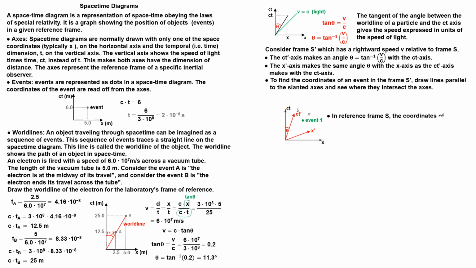In reference frame S, the coordinates of event 1 are x1, ct1. In reference frame S', the coordinates of event 1 are x'1, ct'1. An event will have different coordinates in the two frames, as we know.